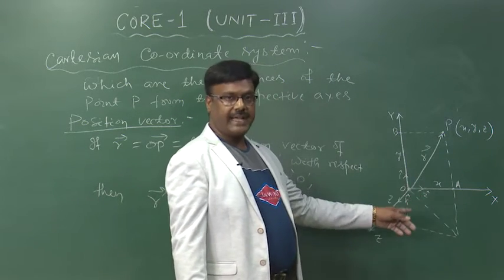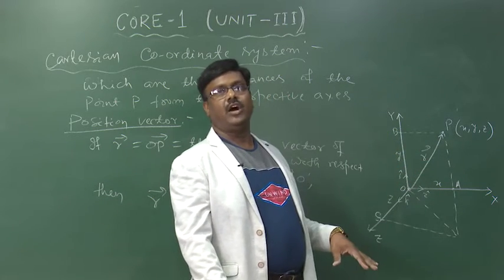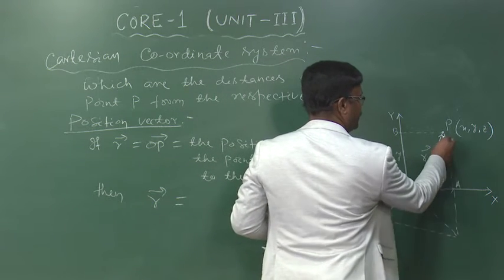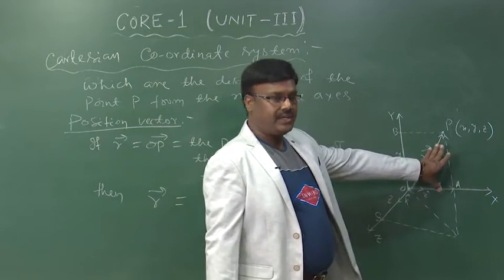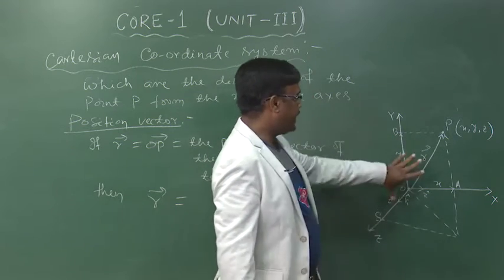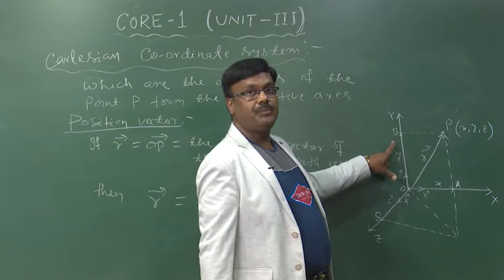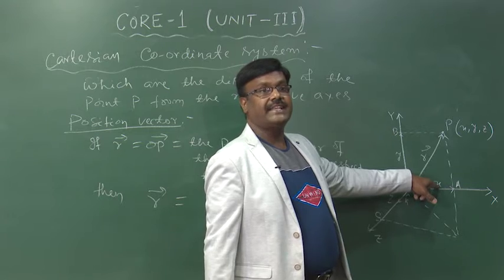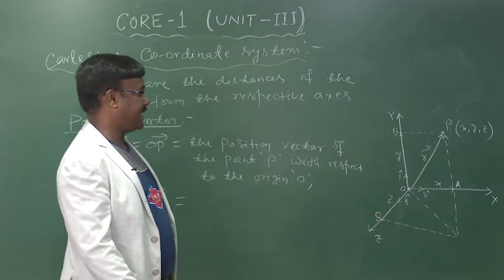So we can write the position vector r vector using the triangle law of vector addition as OA vector plus OP vector, but AP vector is equal to OB vector. So we can write our OP vector as OA vector plus OB vector. But OA vector is nothing but x i cap and OB vector is nothing but y j cap.